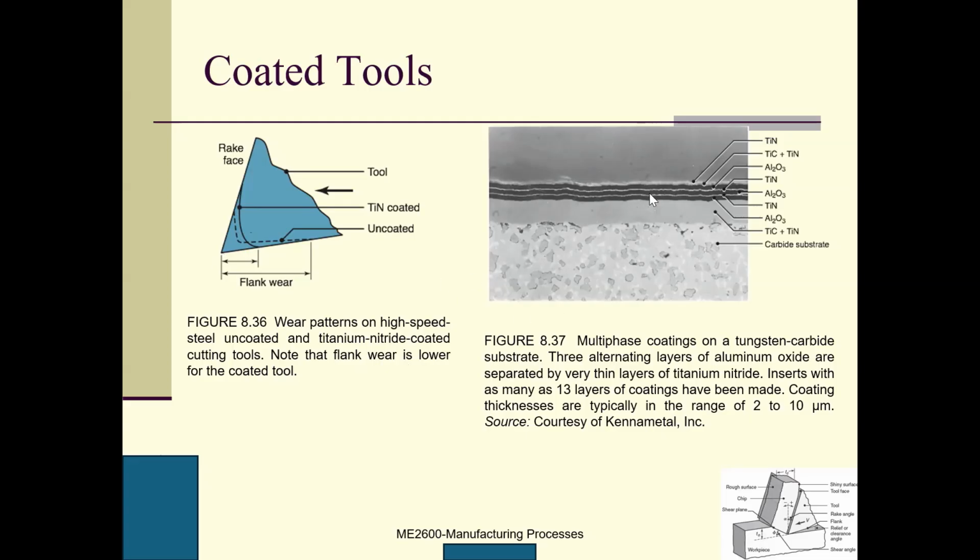This picture shows the multi-phase coating on a tungsten carbide substrate. This is a carbide substrate, and we have different coatings. The 3 alternating layers of aluminum oxide: 1, 2, 3 is one pattern, and 1, 2, 3 is the second one.